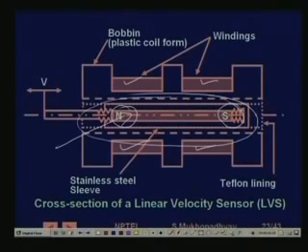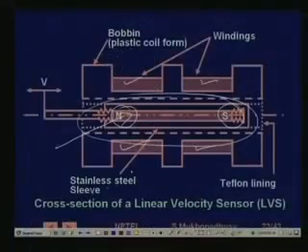As we know, the EMF induced will be directly proportional to the velocity of the magnet, because it is proportional to d phi by dt. So this electromagnetic induction principle is used for sensing velocity.